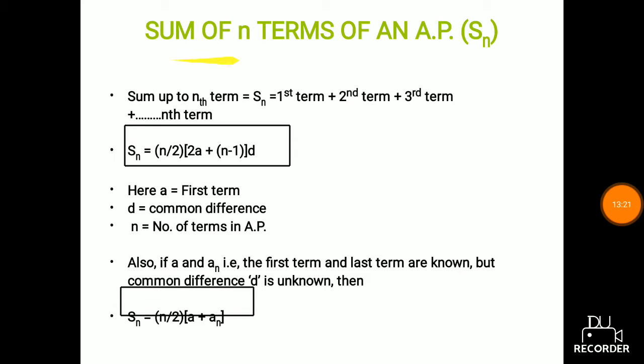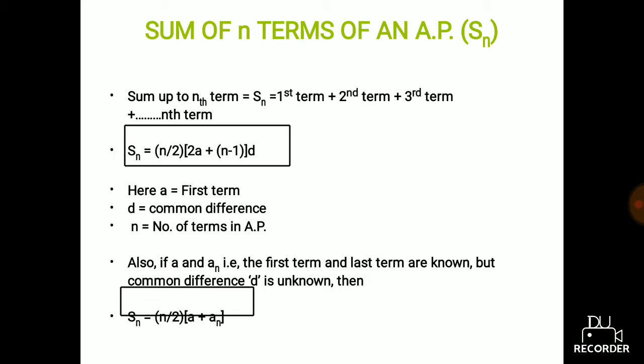Now our next topic is the sum of n terms of an AP, which we are going to denote by Sn, with n in the subscript. So the first point is the sum of n terms of an AP. What is the general way of writing the sum of n terms? Sn is equal to first term plus second term plus third term and so on up till the nth term.